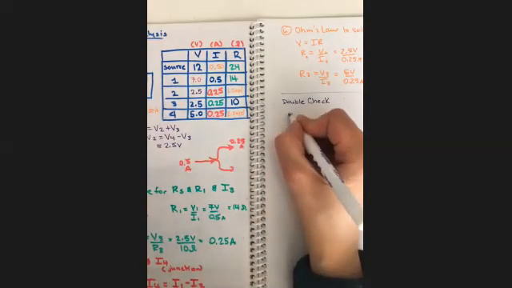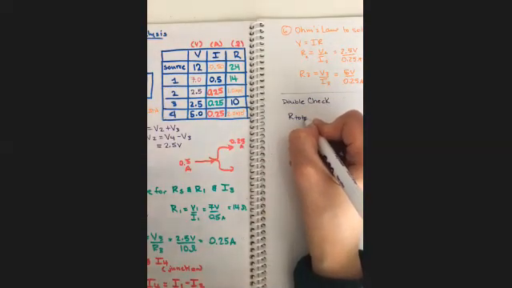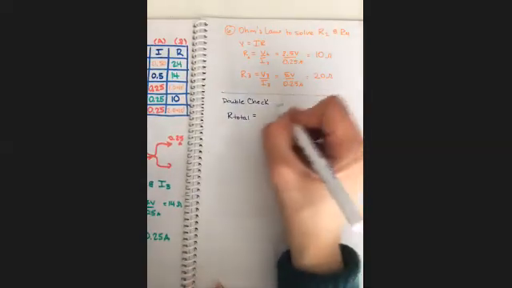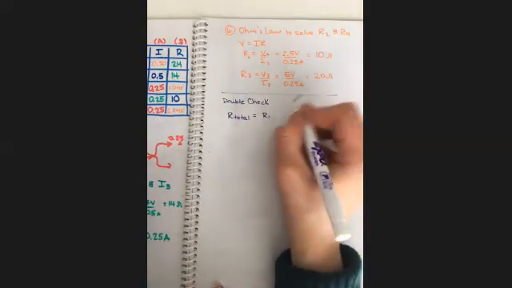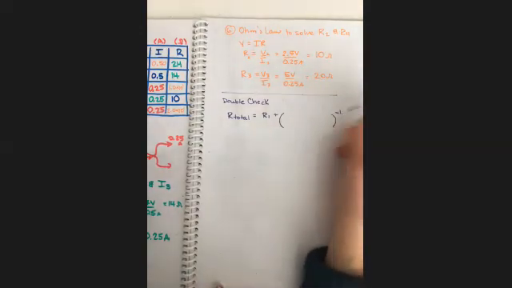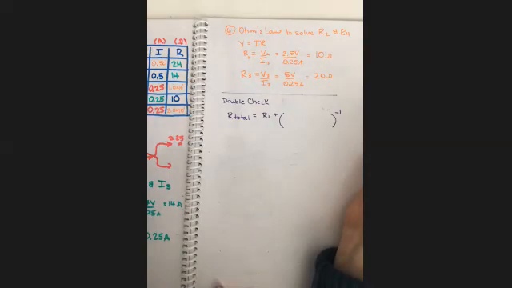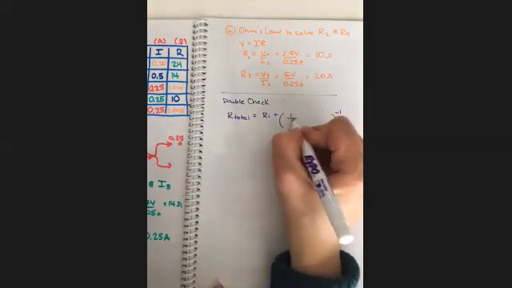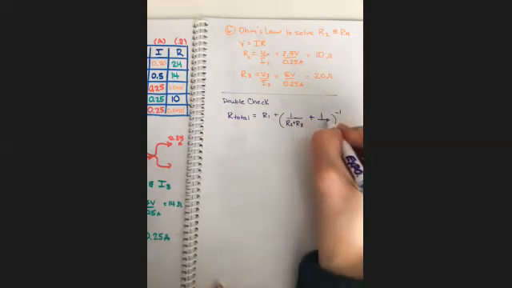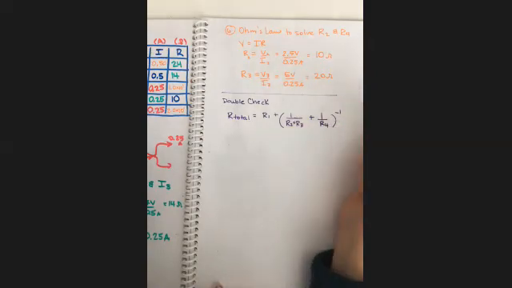So our total is equal to R1 plus the inverse of something: 1 over R2 plus R3, plus 1 over R4.